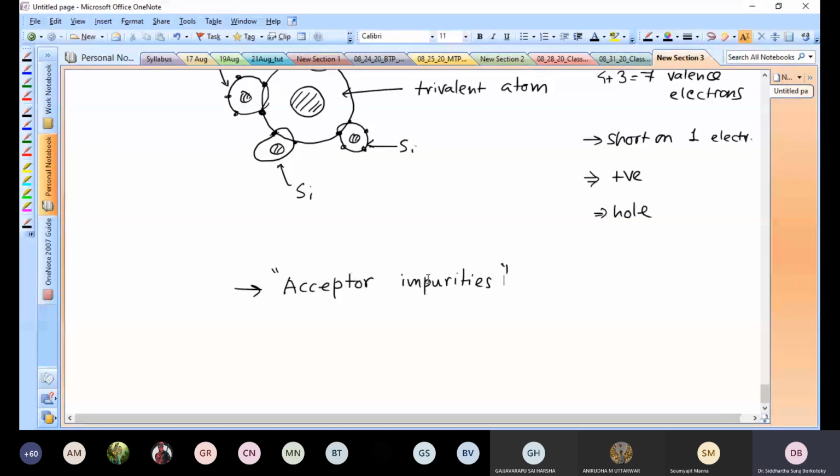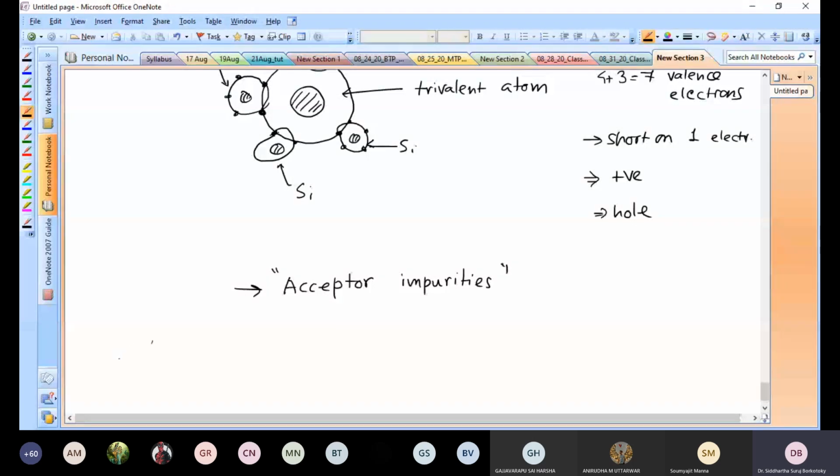Over here, that is not the case. For the doped semiconductor, there will always be an imbalance. One of these entities, either the holes or the free electrons, would be higher than the other.